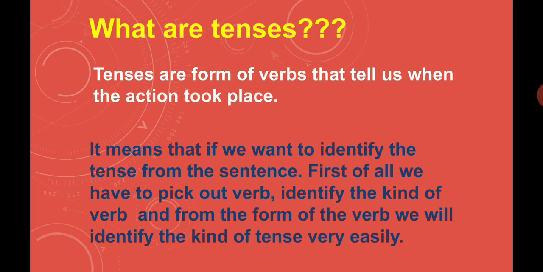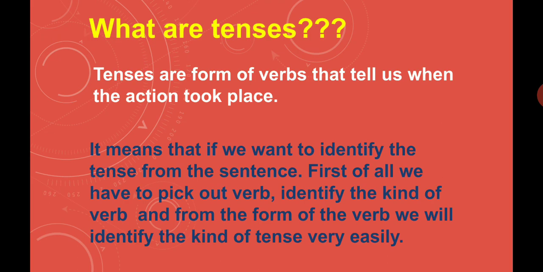First of all we pick out the verb. We ask the question, what is the verb in the sentence? Pick it out. Then identify what form of the verb it is. If the verb is with s/es, then what tense is it? If the verb is with is/am/are and the ing form, what kind of tense is it?